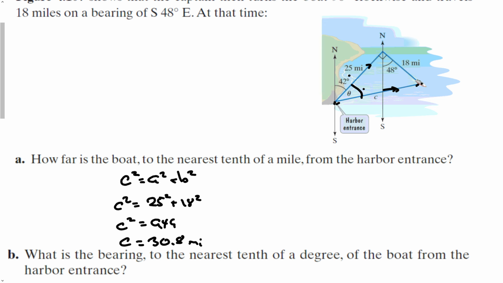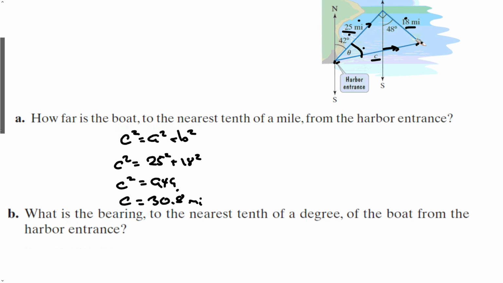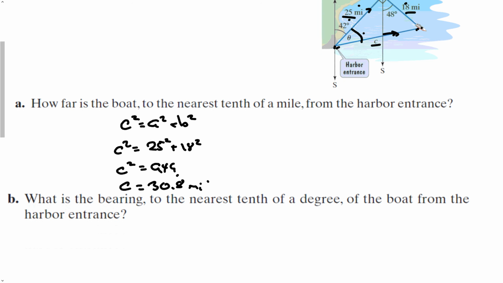All right, let's analyze this. Opposite, adjacent. I have the hypotenuse, it's right there, but I'm given the opposite and the adjacent. So use the two things that you know for sure are right. Let's say that the tangent of theta, opposite over adjacent, is 18 over 25.